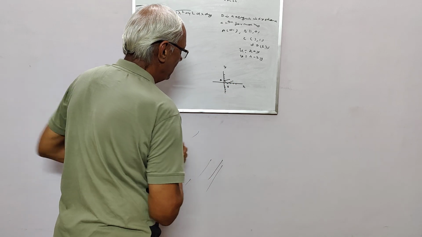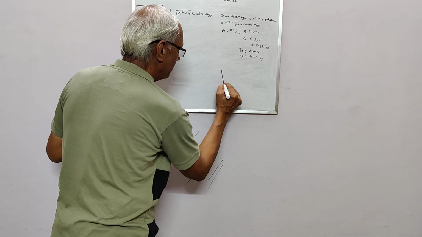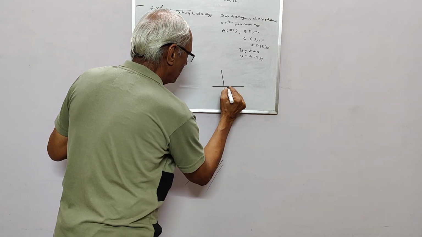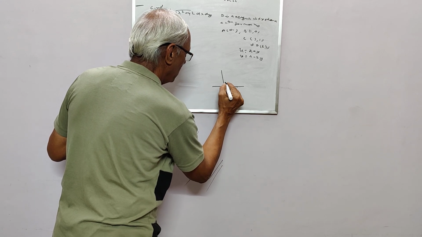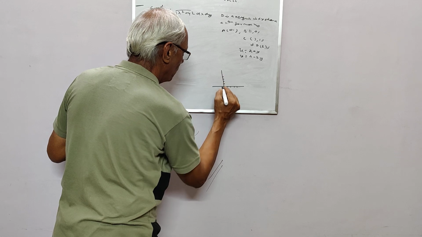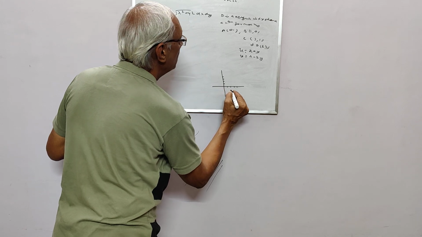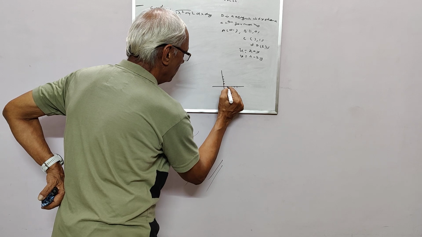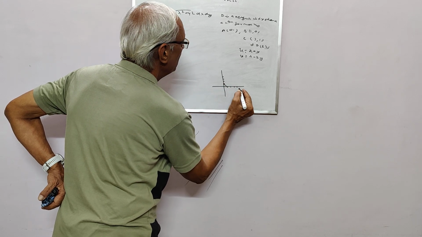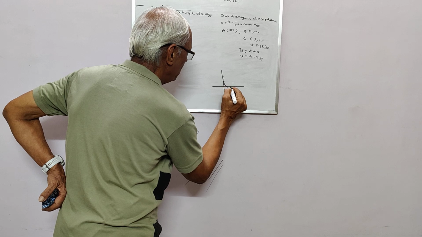So the graph I will draw again with equal spacing, then only you will get it properly. 1 2 3 4. Let us see, 0 1 is here, 1 0 is here, then your 3 1 is here, and your 2 2 is here.